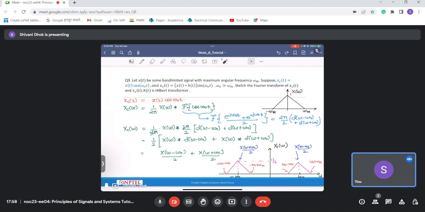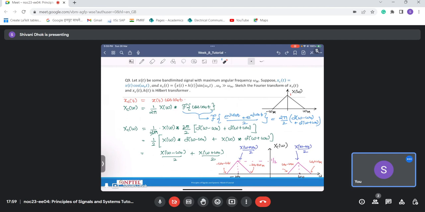Now if I modulate that signal to two carriers, the same things appear at two places, here as well as here. Now this part which is greater than omega naught is referred to as the upper sideband, and this part which is less than omega naught and greater than minus omega naught is referred to as the lower sideband.